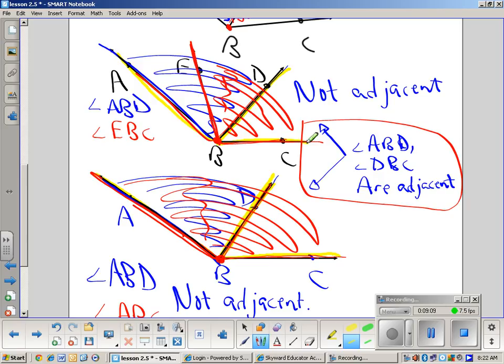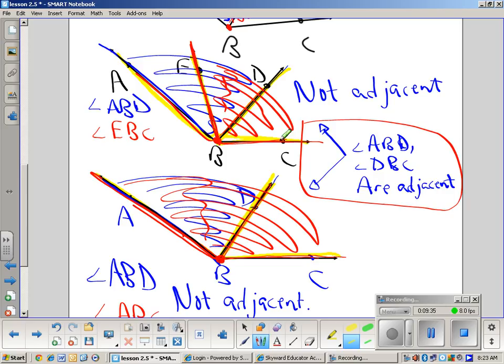We could even say angle ABF and angle FBD are adjacent, or angle ABF and ABC are adjacent. There are lots of different adjacent angles in there, but not all of them are adjacent. Okay? So do you have any questions on what it means to be adjacent?